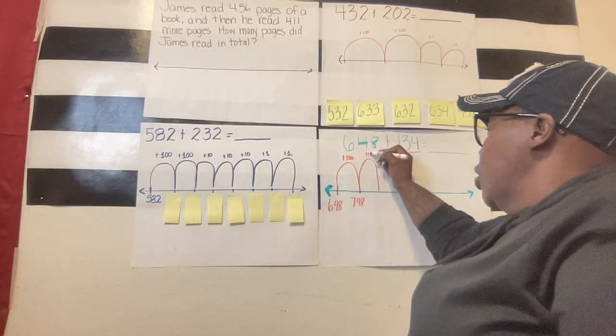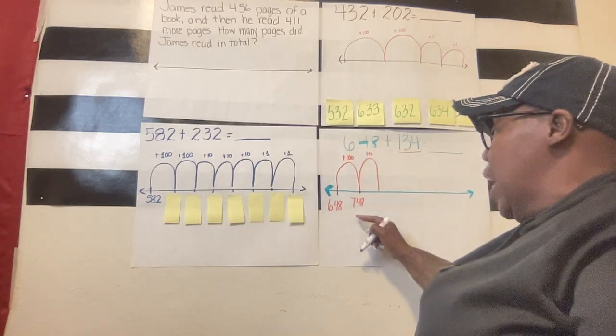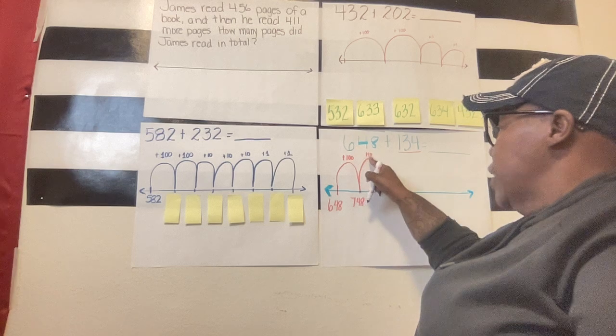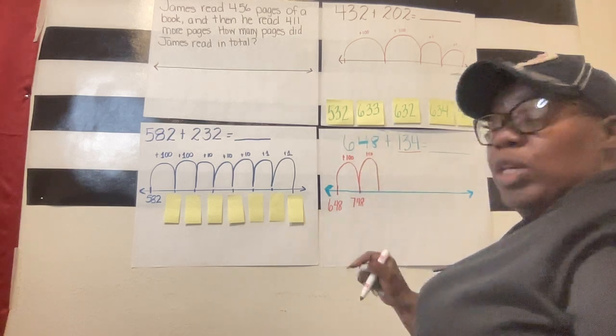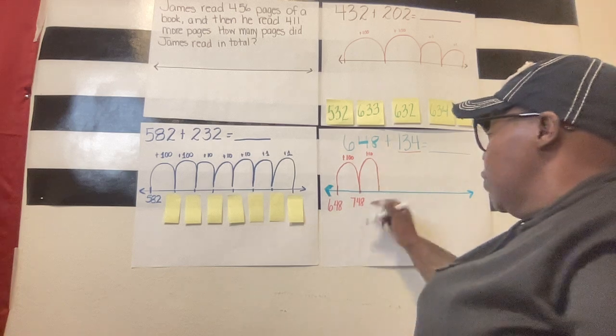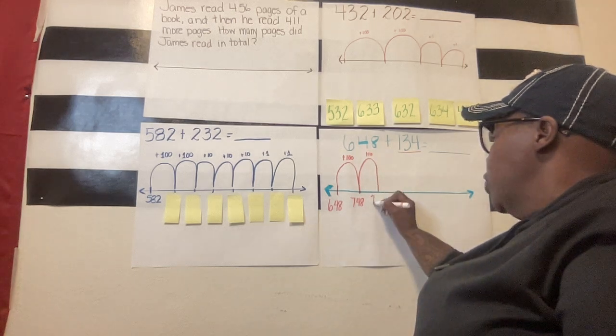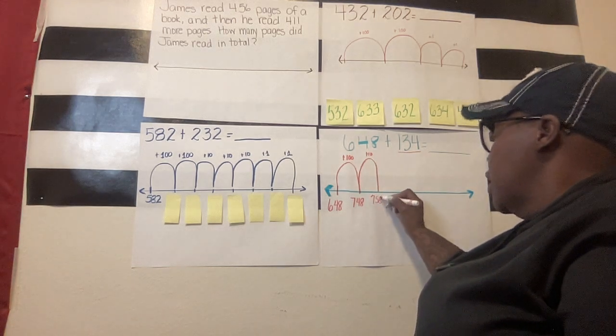And they need to label each jump. So with that first jump, 10 plus 748, you're adding tens to the tens. So the hundreds will stay the same. The ones will stay the same. 10 plus 748 will give you 758.